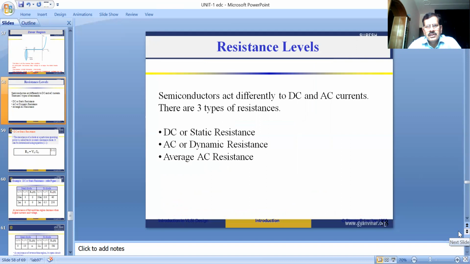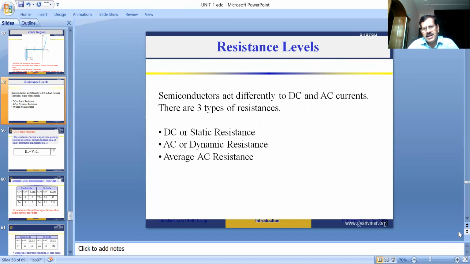Next, resistance levels. PN junction diode devices have some resistance, and semiconductor devices act differently to DC and AC current. Mostly there are three types of resistance in PN junction devices, for DC and AC.